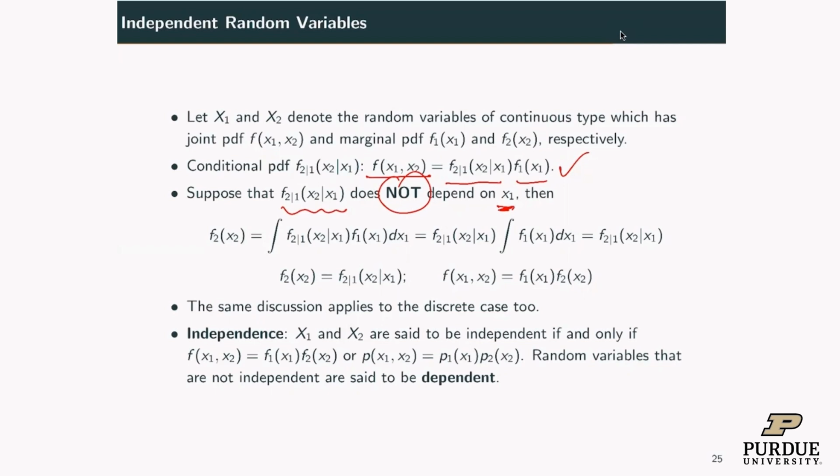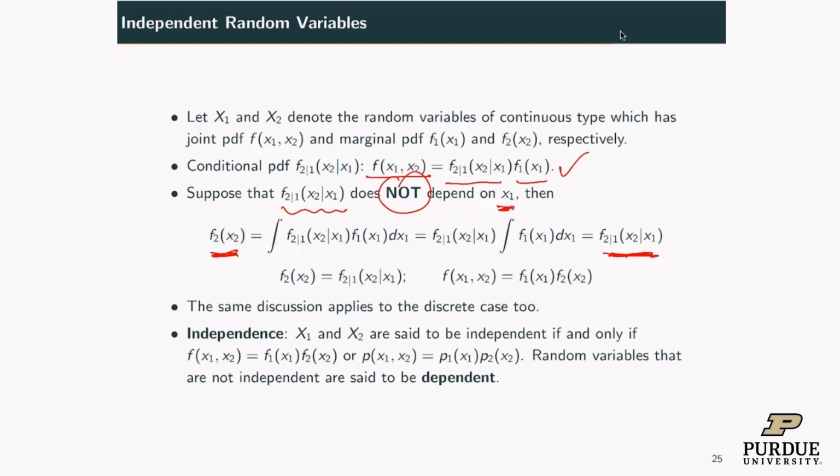So if this is true, you can calculate the marginal distribution of x2. You can do some simple algebra. Later you will see the marginal distribution of x2 is exactly the same as the conditional distribution of x2. That also makes sense because the conditional does not depend on x1. I know x1, I don't know x1, it will not affect the distribution of x2.